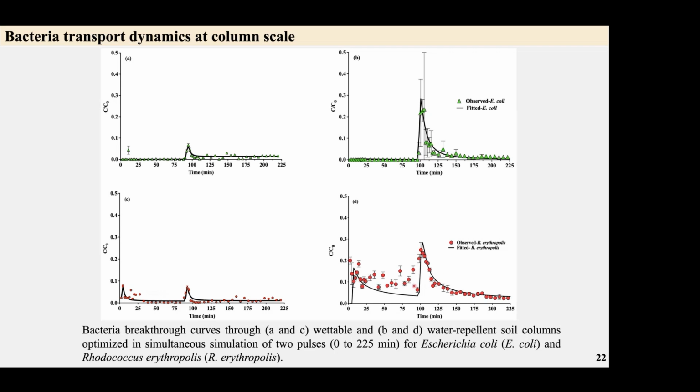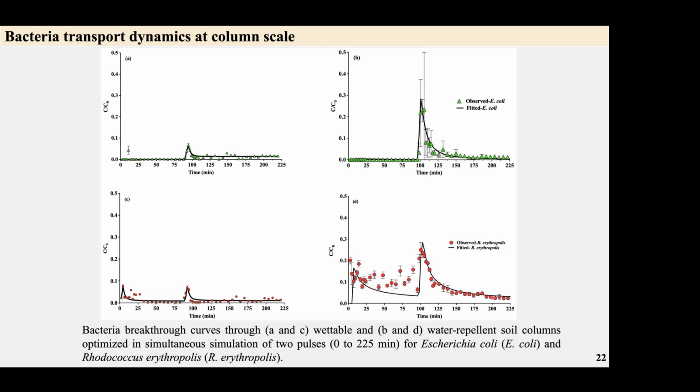However, as with bromide, we see that the transport of bacteria, particularly for Rhodococcus, is really scattered, and it was hard to simulate the first pulse when we have water repellency in soil, very likely.